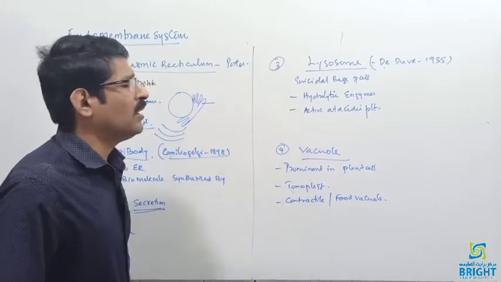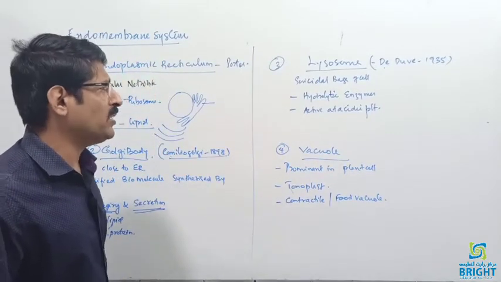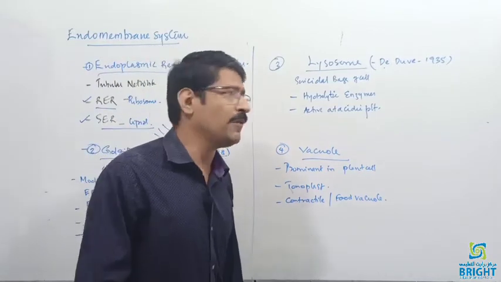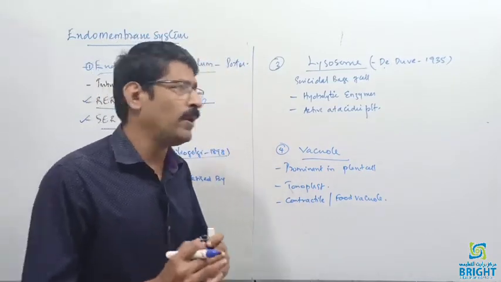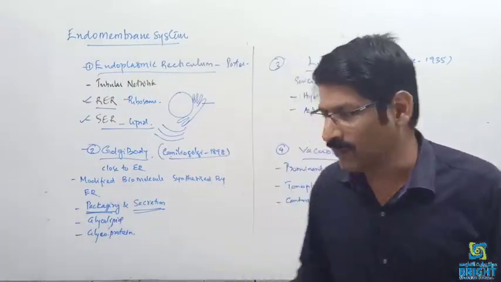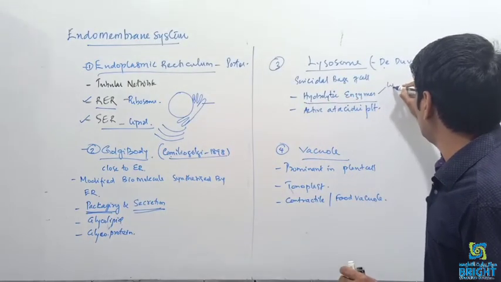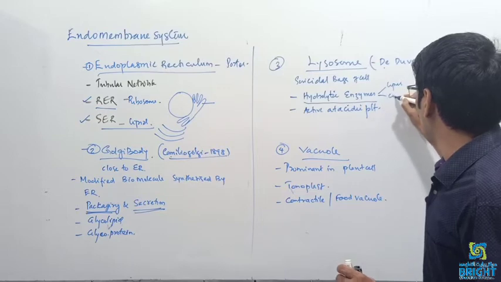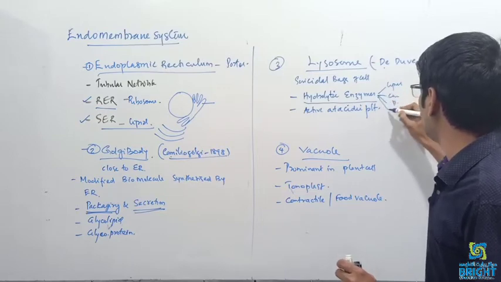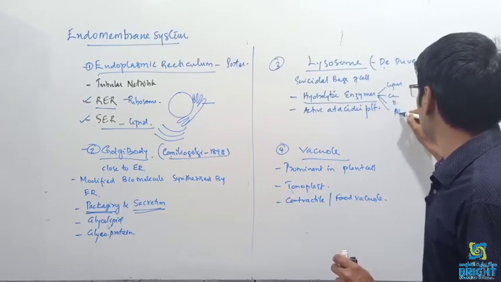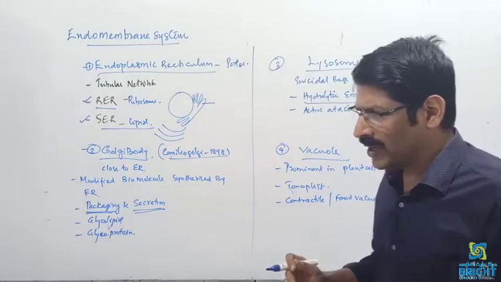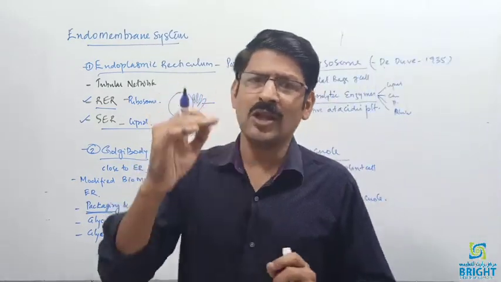And the third is lysosome. Lysosome was discovered by De Duve in 1935. And lysosomes are commonly called suicidal bags of the cell because they are filled with hydrolytic enzymes like lipase, carbohydrases, proteases and nucleases, which degrade cellular components.